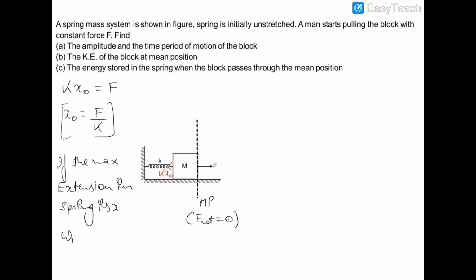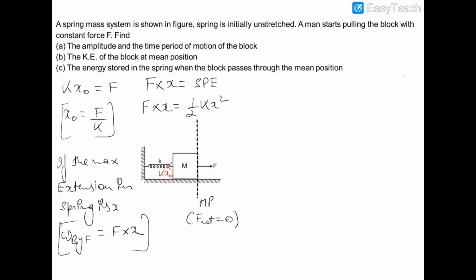So work done by F will be equal to F into x, and this work done by this force will be utilized in spring potential energy. So F into x will be equal to SPE, spring potential energy. Now the spring potential energy will be half kx square.